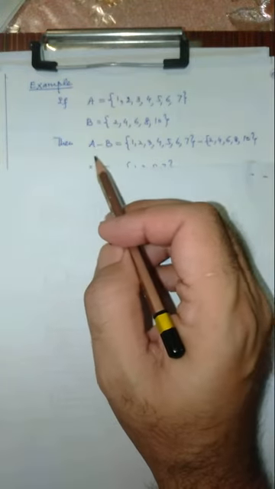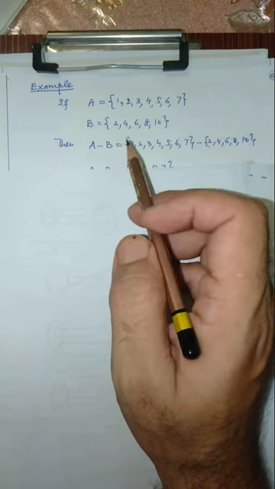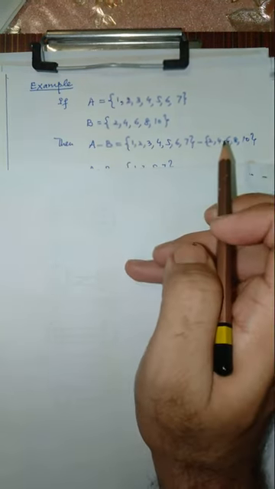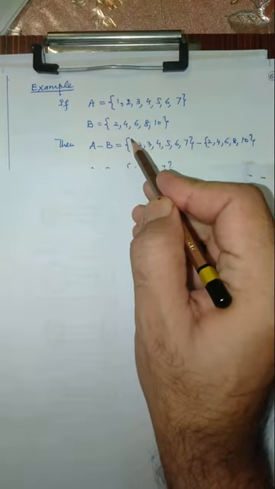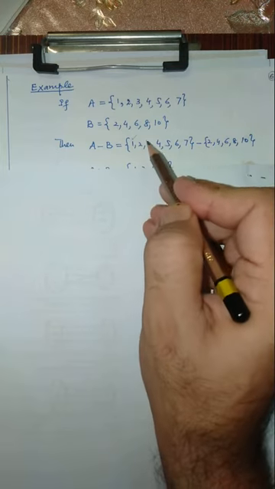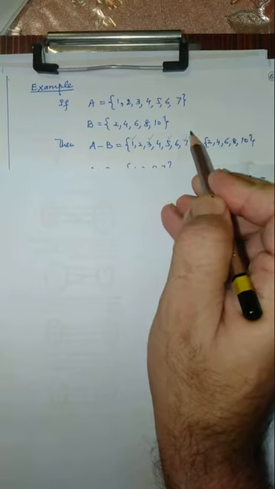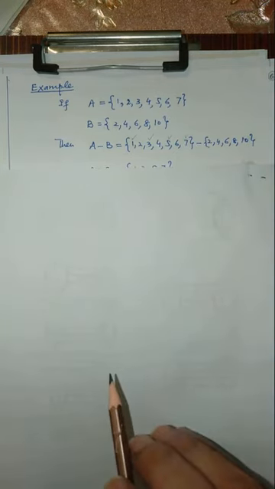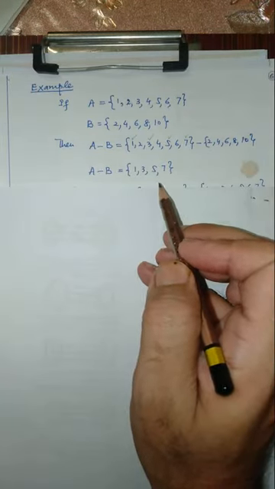A difference B means write down all those elements which are members of set A and not members of set B, like this. 1 is not present in set B, 3 is not present, 5 is not present and 7 is not present in set B. So A minus B is equal to 1, 3, 5, 7.